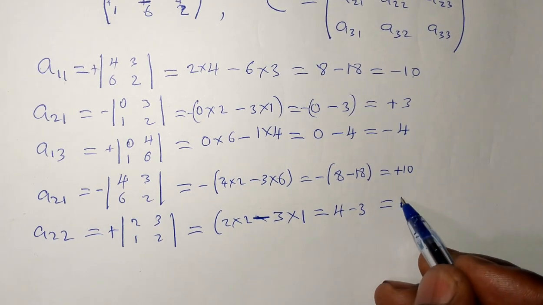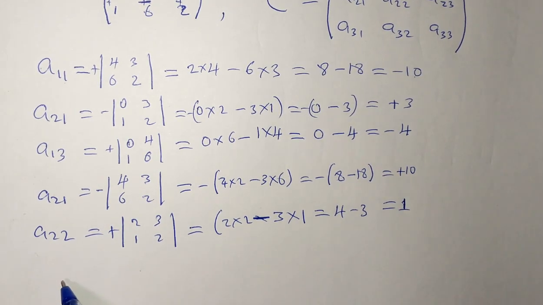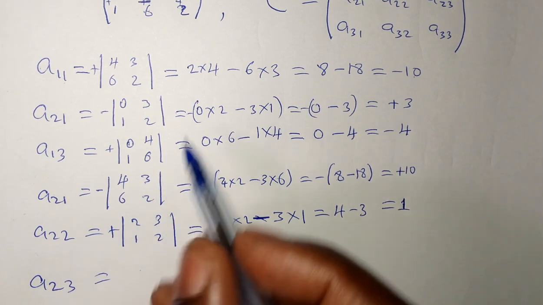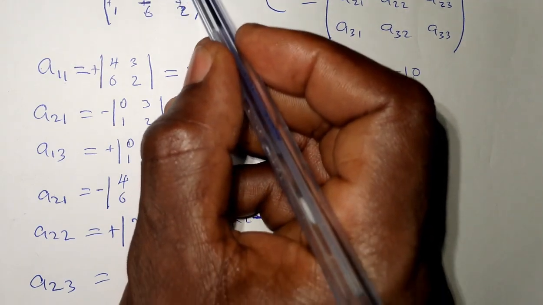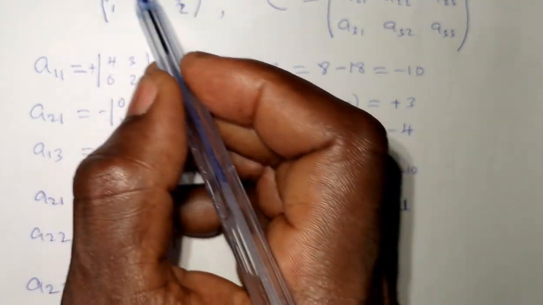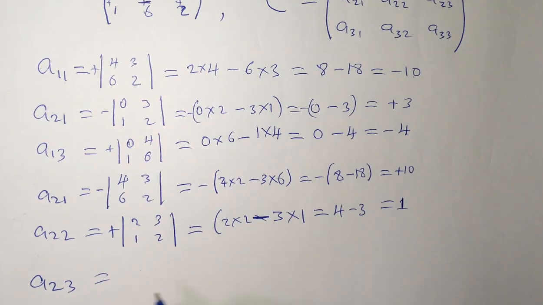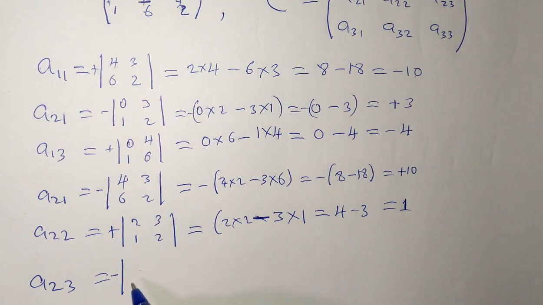So we take the next one, there is A23, the cofactor A23, which is in this position here. We'll kick out this and then this. So we are left with 2416. You know that one is minus.